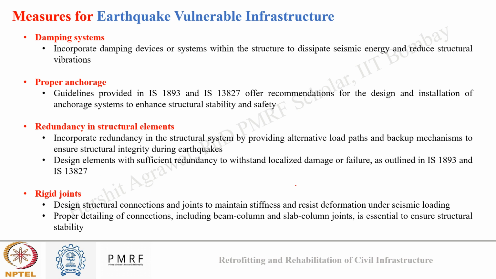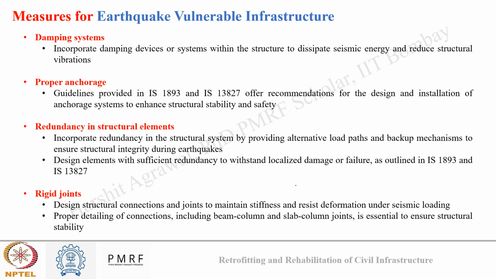Then another point is redundancy in structural elements. Incorporating redundancy in the structural system by providing alternative load paths or backup mechanisms can ensure the safety of the structure during an earthquake. Different elements with sufficient redundancy to withstand local damage have been outlined in the IS codes also, which one can go through.